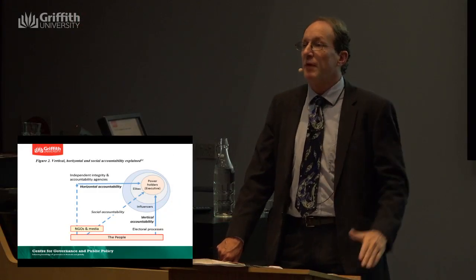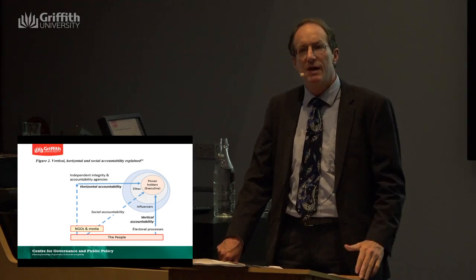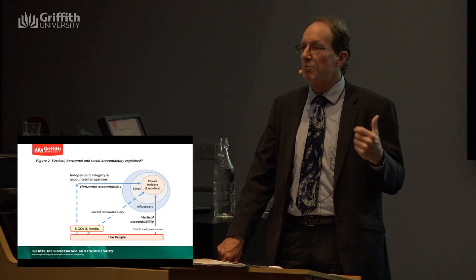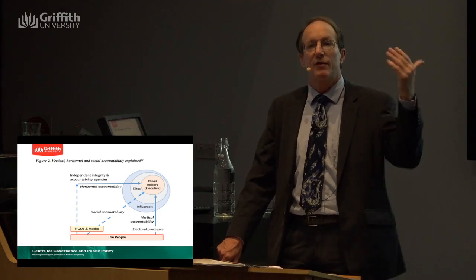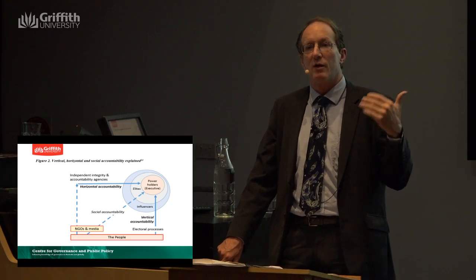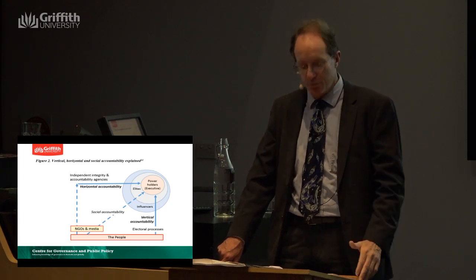But part of all of this matrix is also social accountability and the role that civil society, the general community and the media play continually, both to make those mechanisms work and to act as direct influences on the way in which our institutions and our power holders perform.